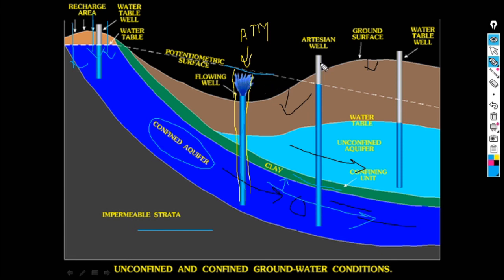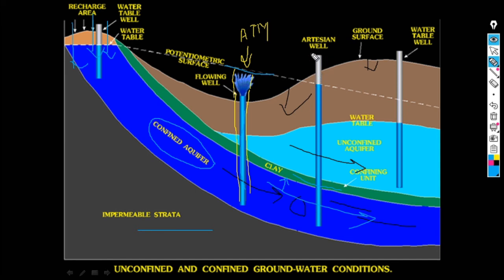Then there is another well which is tapped again in a confined aquifer. Now we need to understand this well is getting water from confined aquifer as well as unconfined aquifer, okay? But the water from this confined aquifer will push it, and the level will rise till the potentiometric surface, till it actually comes in equilibrium with atmospheric pressure, right?